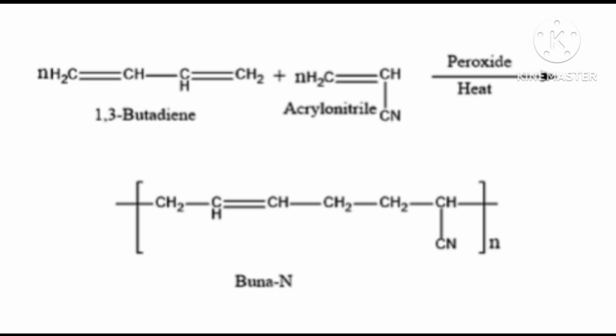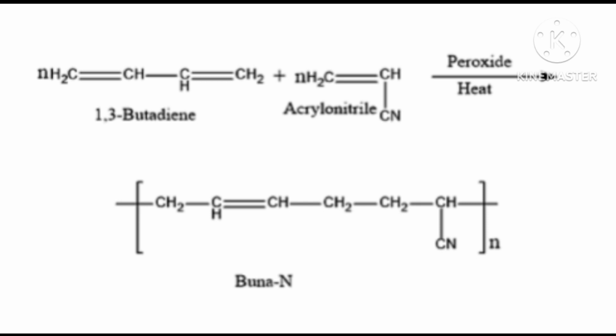Thus, synthetic rubbers are either homopolymers of 1,3-butadiene or its derivative, meaning only one monomer is repeated, or they can be copolymers of 1,3-butadiene or its derivative with another substituted unsaturated monomer.